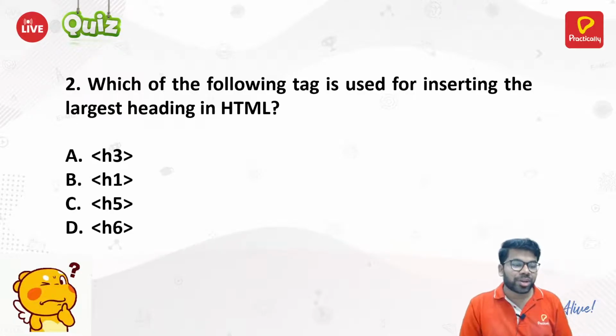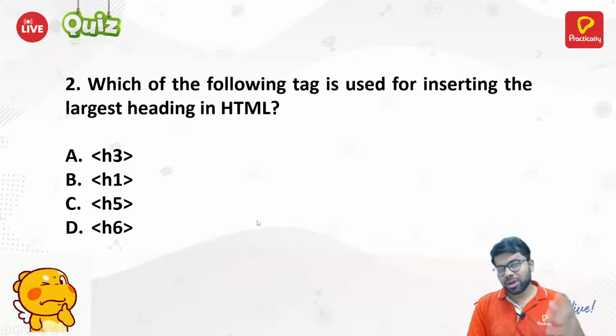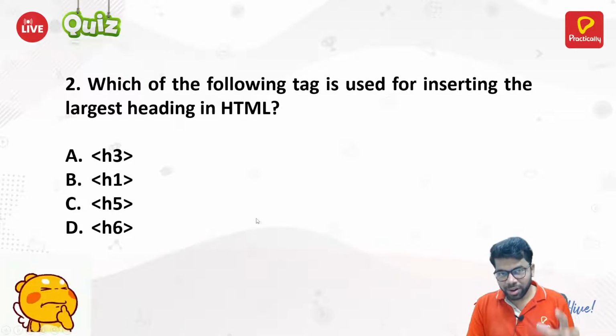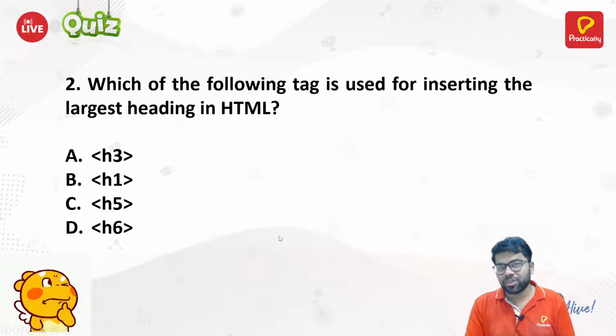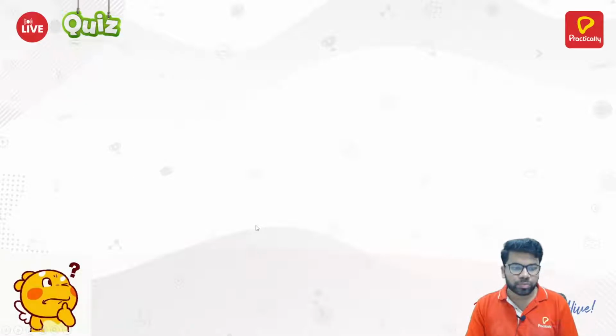So the correct answer is H1. The smaller the number, the larger the heading. It is in reverse order, H1 to H6. So H1 is used to insert the largest heading on the web page.